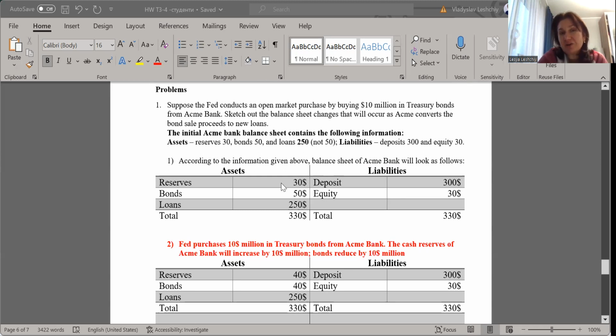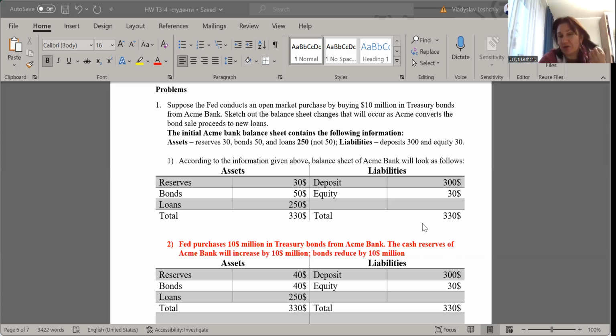The main idea of this problem is analogical to problems in accounting, to construct a very simple example of a balance sheet of the bank. It consists of assets and liabilities.